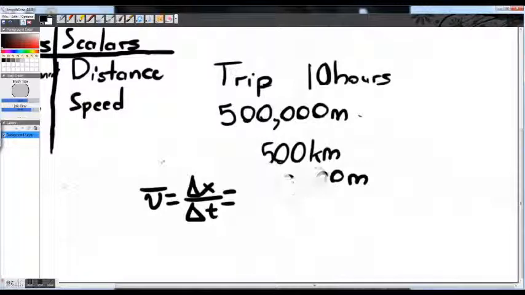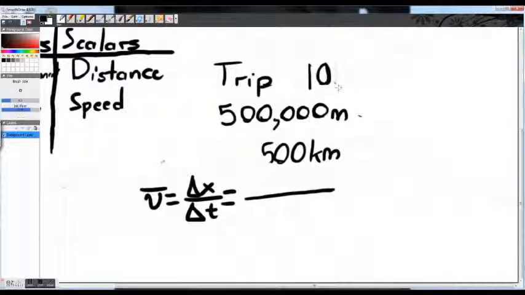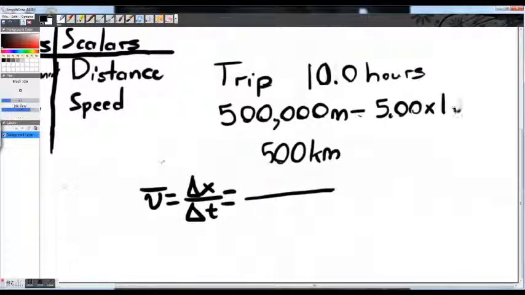Let's say we have 3 significant figures in each number. We have 10.0 hours, which we're going to have to convert to seconds, because that's the SI unit for time. And this is going to be 5.00 for 3 significant figures, times 10 to the 5 meters.